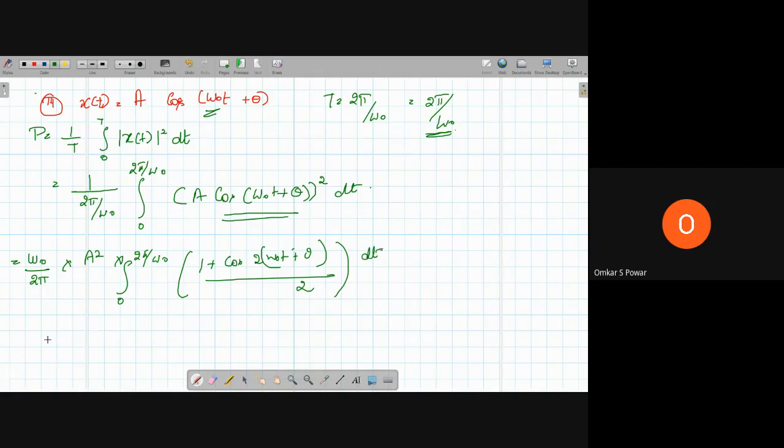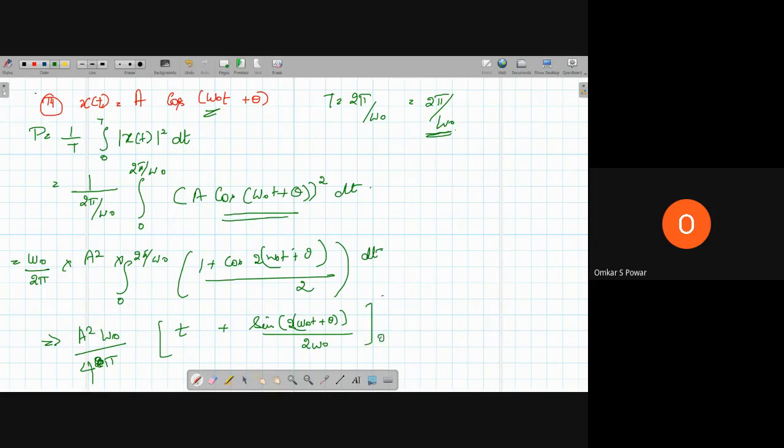Then again we have to simplify. A square omega naught by 2, we take the integration of 1 is t, so we will take this 2 outside and make this as 4 pi. Okay, so integration of cos is sine 2 omega naught t plus theta by 2 omega naught.